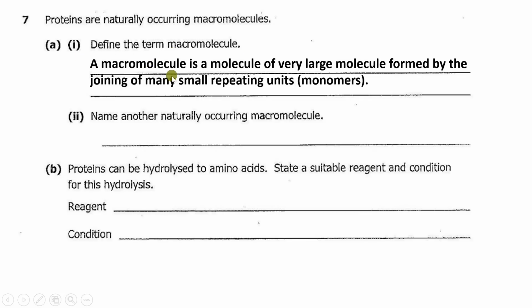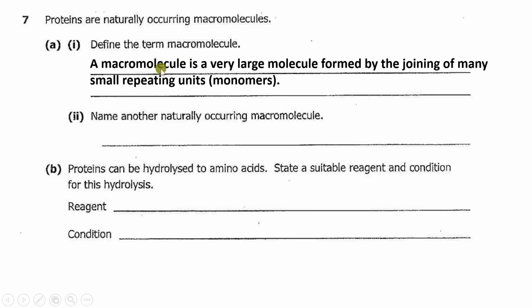So we're saying a macromolecule is a molecule of very large size, formed by the joining of many small repeating units or monomers. So a macromolecule is a large molecule. Let me just rewrite this one properly.